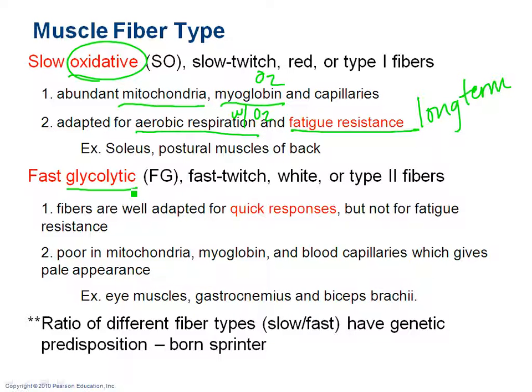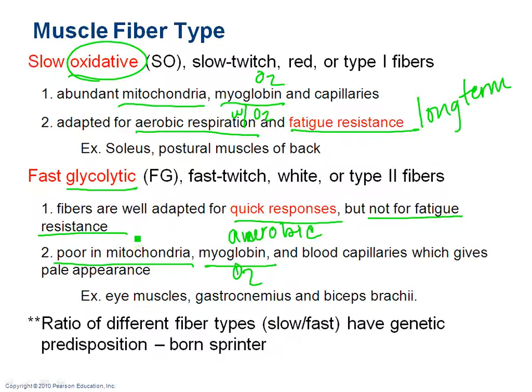Glycolytic has to do with the very first stage of cellular respiration, which is the only stage that's used in anaerobic respiration. So these are for quick responses, not fatigue resistant. What would be quick response? You should associate that with anaerobic respiration. Poor mitochondria, poor myoglobin, that's oxygen.